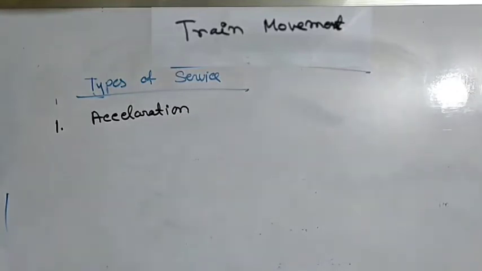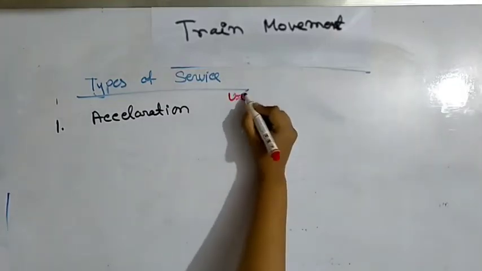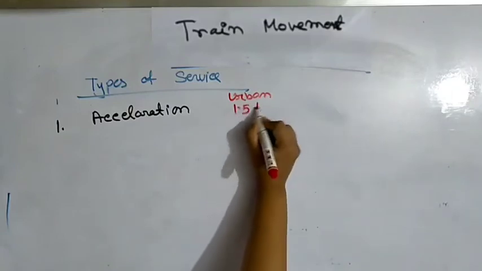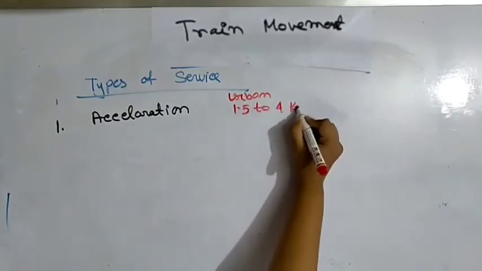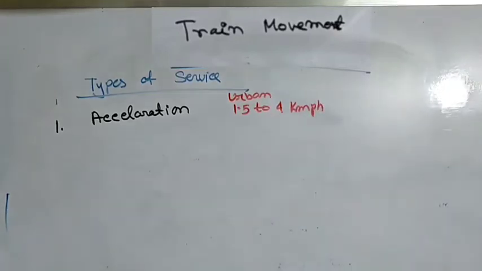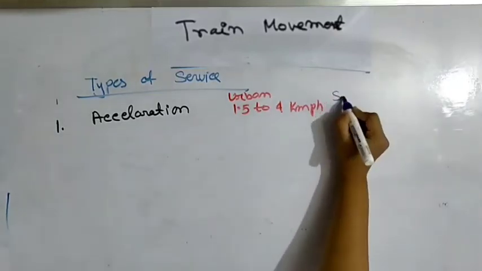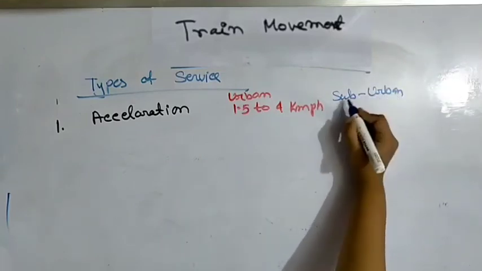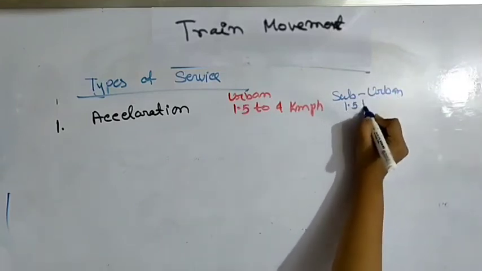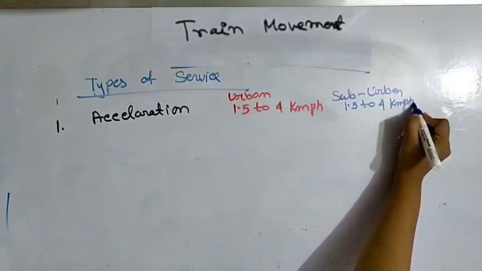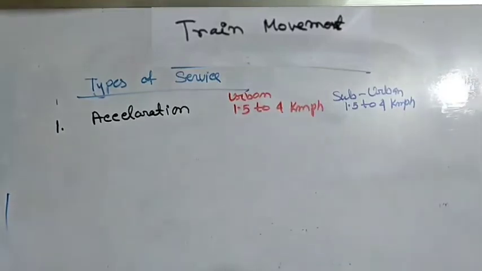Now for urban service, it is 1.5 to 4 kilometer per hour per second. For suburban service, it is 1.5 to 4 kilometer per hour per second, similar to urban service.